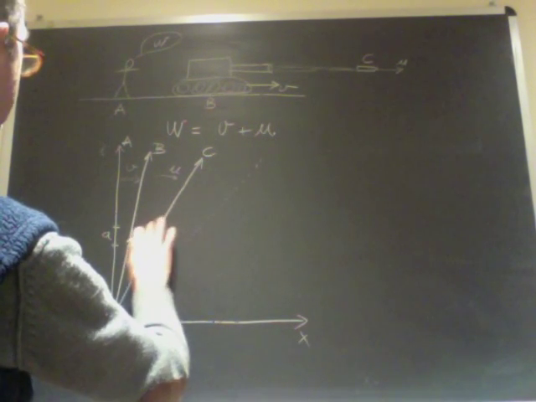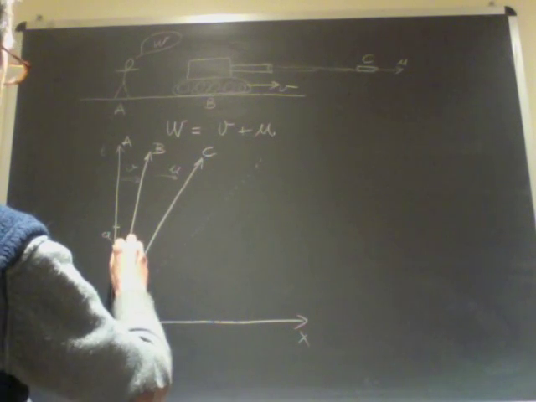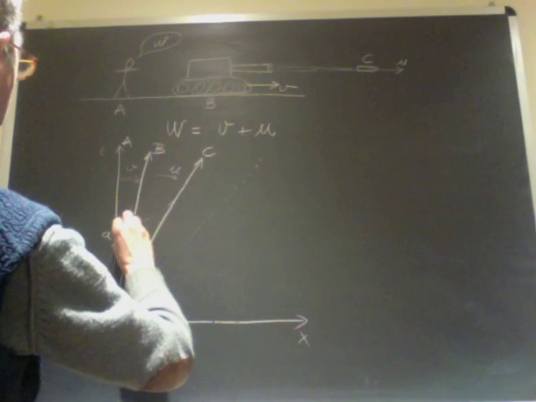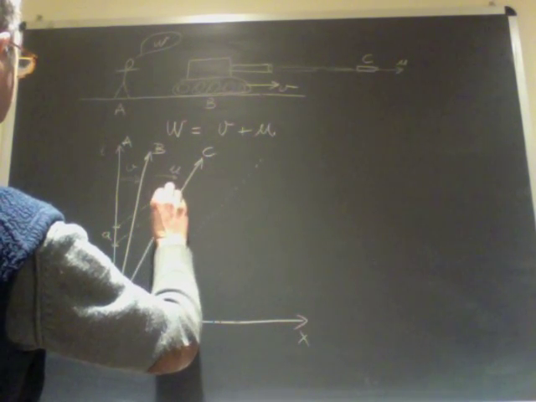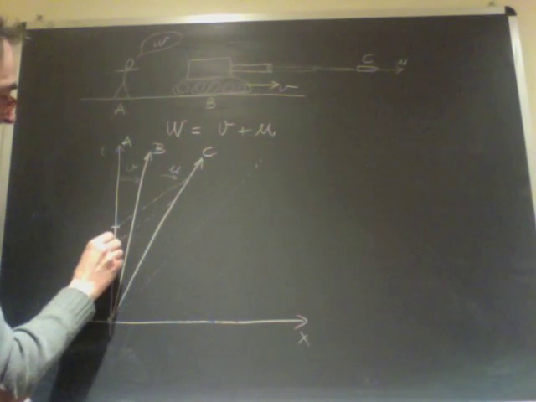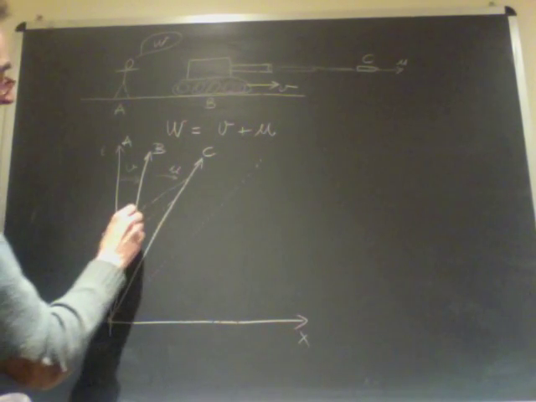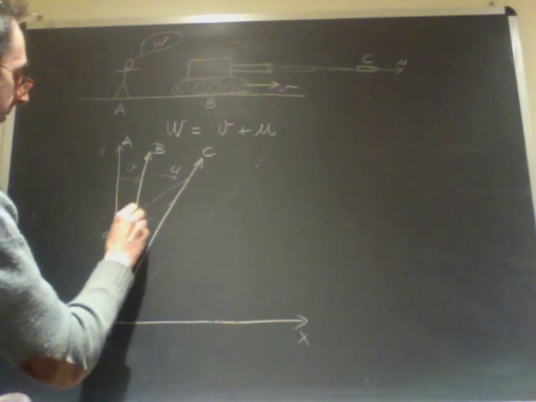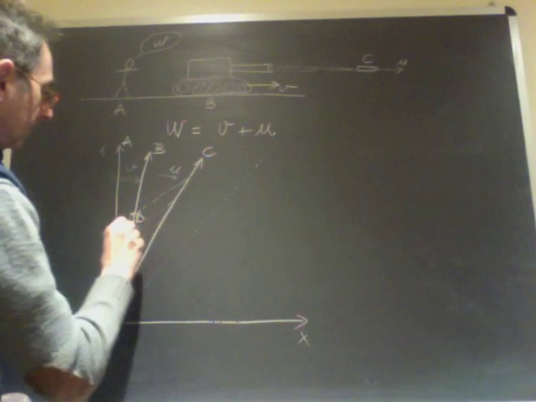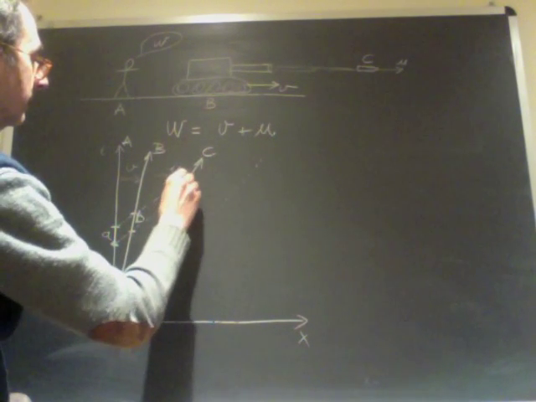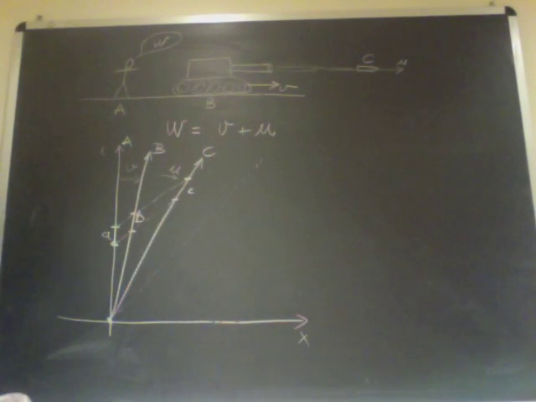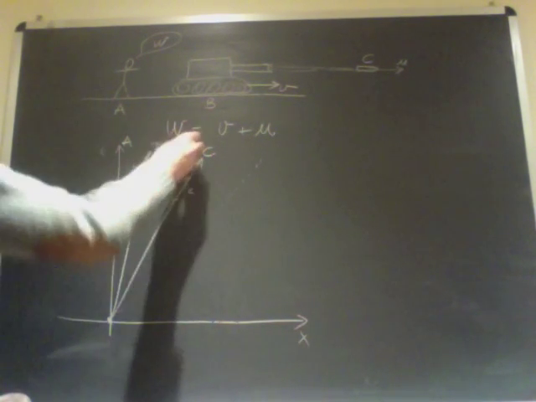So I find that the little segment a corresponds to a little segment b on this line, and a little segment c on the other line.